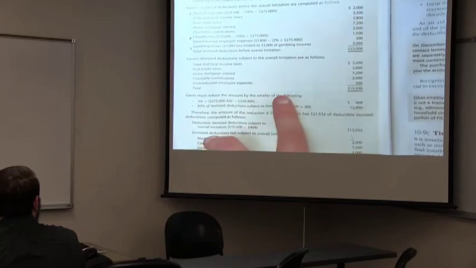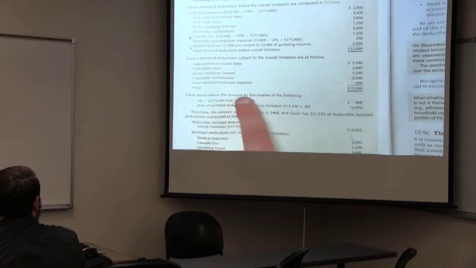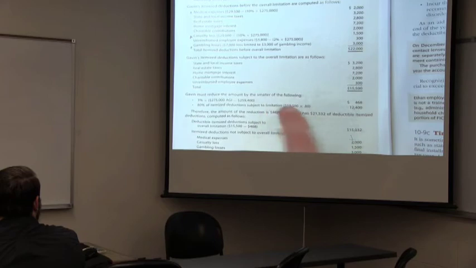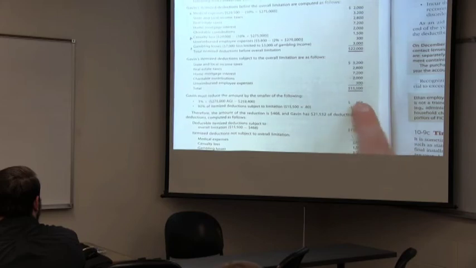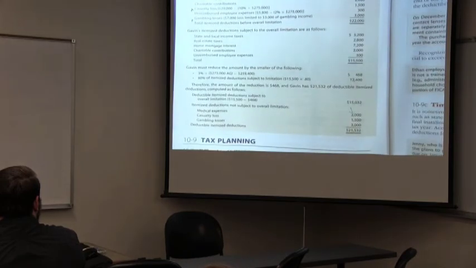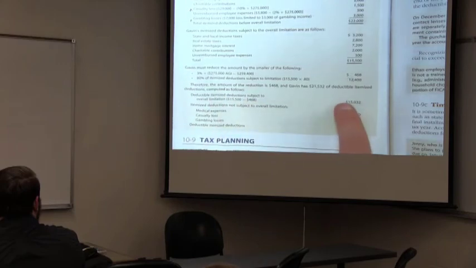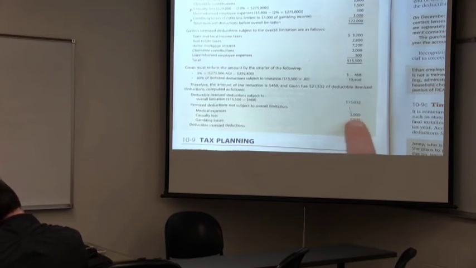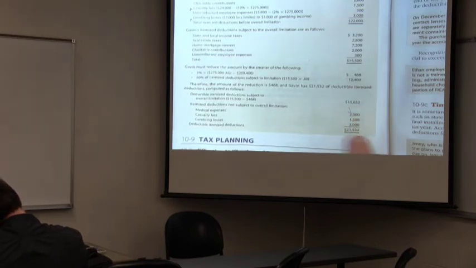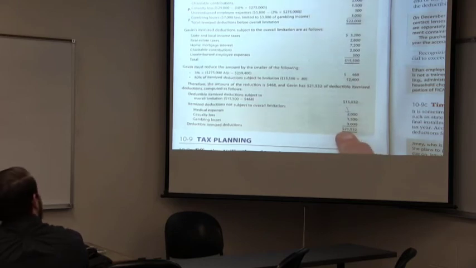And then our limit is you have to reduce it by the smaller of 3% of the excess or 80% of itemized deductions subject to the limit, which is 1550 times 0.8. So the lesser of is going to be 468. So that's what we are going to basically reduce. You can see here 1550 minus 468 equals 1532, plus our deductions which are not subject to the limit, which gives us total itemized deductions here of 21,000.